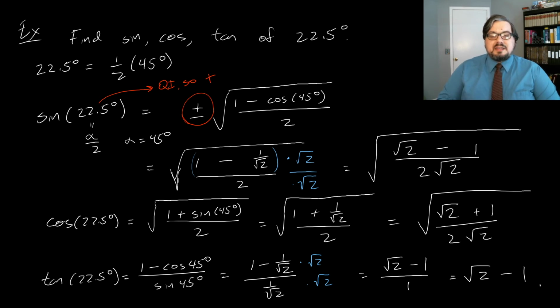So this is one of the main reasons why we use the half angle identities in order to evaluate angles like this. There are a couple of other places we use it, though. One of the main reasons is to reduce the powers involved.